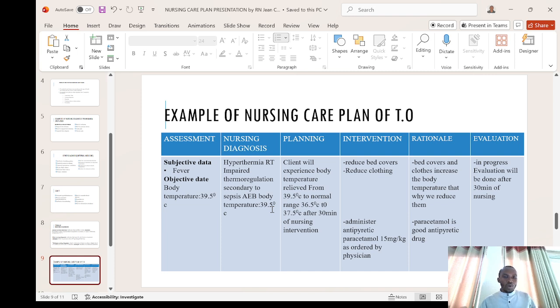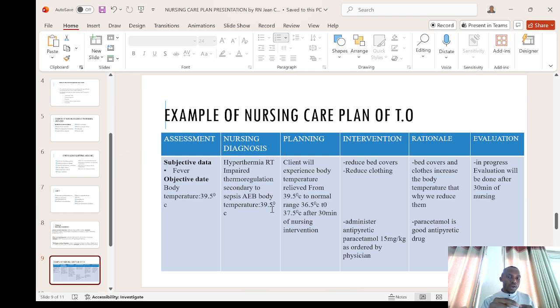So the first one will be a problem, a real problem the patient is having. This first part will be for that problem, and then the second part of the actual nursing diagnosis will be the cause related to that problem.